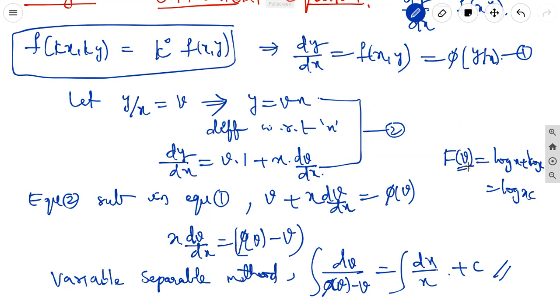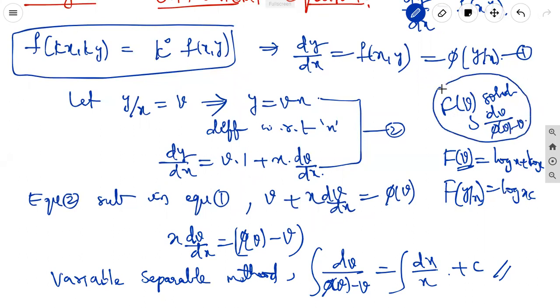Then v is again converted into the variable y by x, that is capital F of y by x. Capital F of v is the solution of the integration of dv by phi of v minus v. From these two terms, we get the solution. That solution is the required solution of the given homogeneous differential equation.